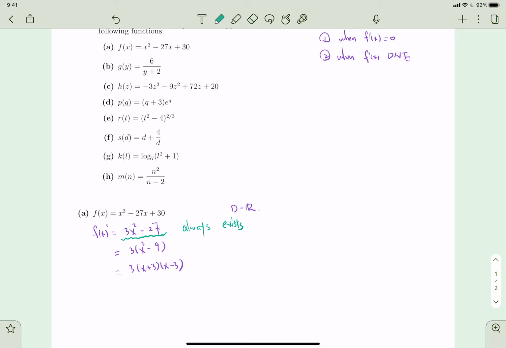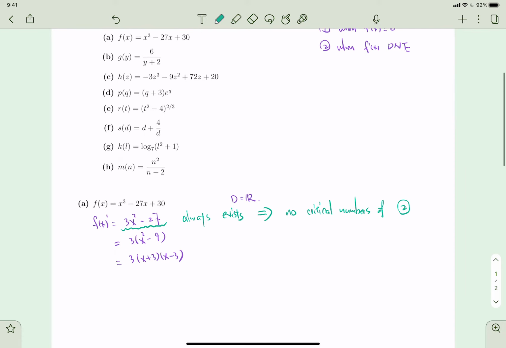Always exists means that the derivative does not fail to exist. So this tells us that there's no critical number of the second type because it always exists. Okay, so there's no such type of critical numbers.